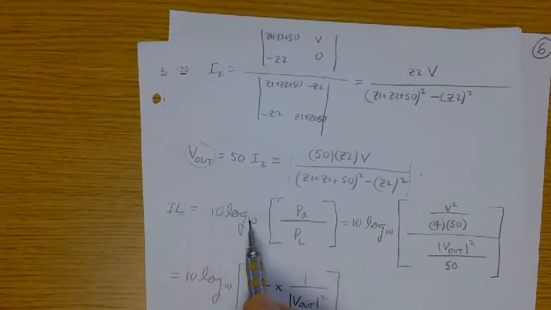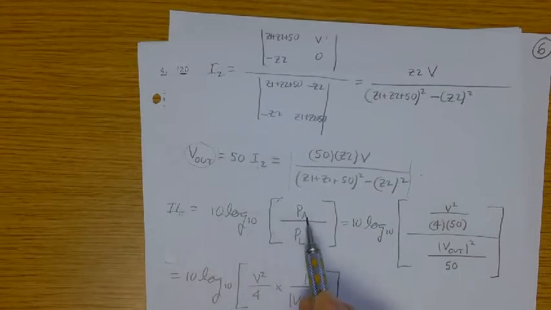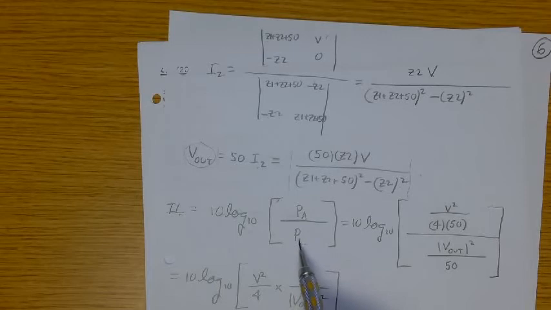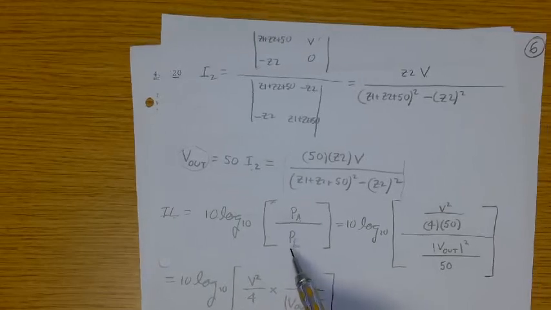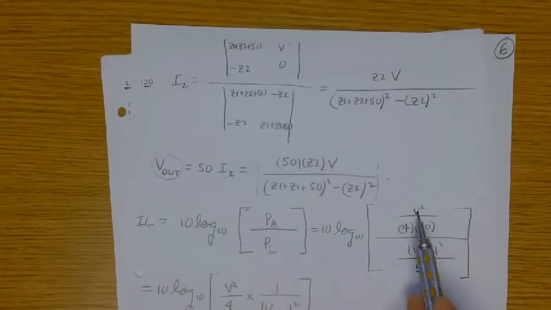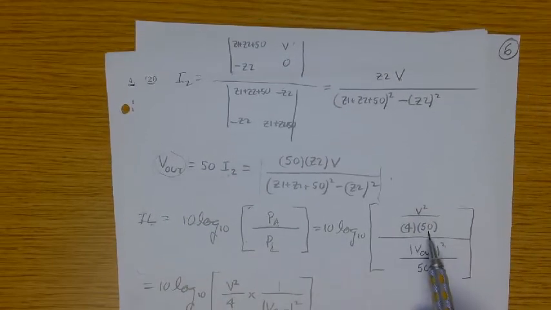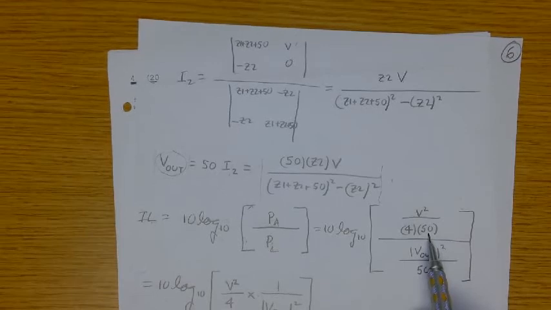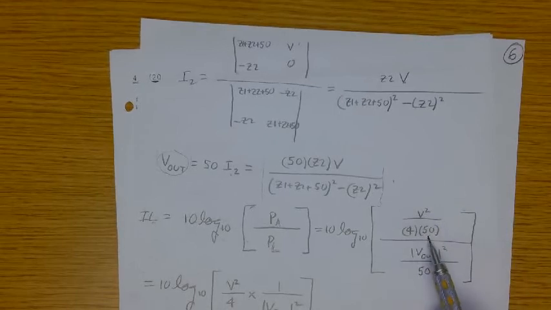Okay. So the power available is V squared over 4 times 50. This is the power available from the generator. How does that come about? Real quick, there's V, this is 50 ohms. The available power is when the load the generator sees is matched to the generator.